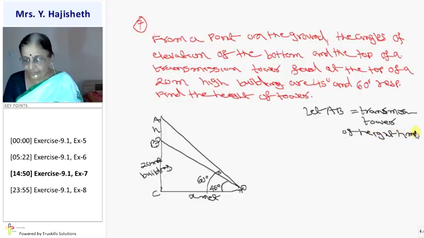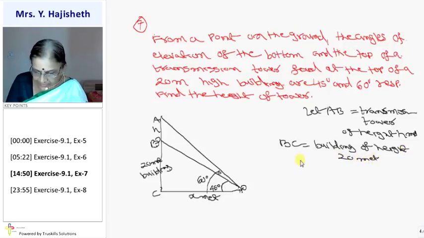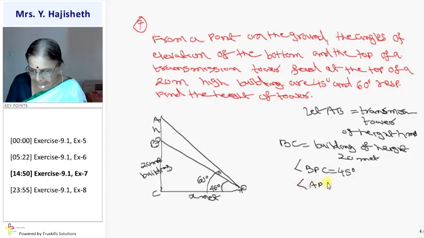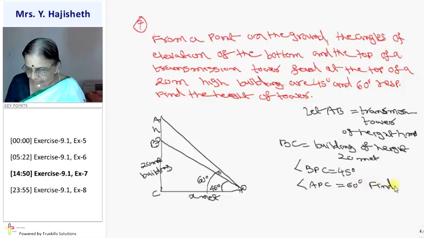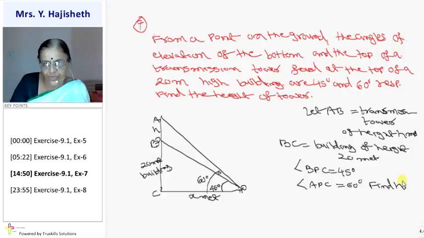BC represents a building of height 20 meter. And you are given two angles. One is given, angle BPC, that is 45. And one is given, angle APC, that is 60 degree. You are asked to find h. I have written the mathematical form of the whole sum. Okay, now I will start from the figure.